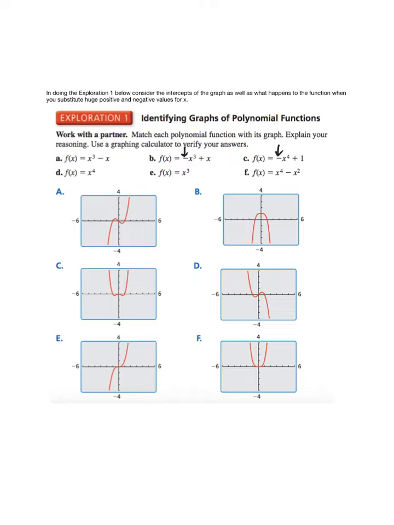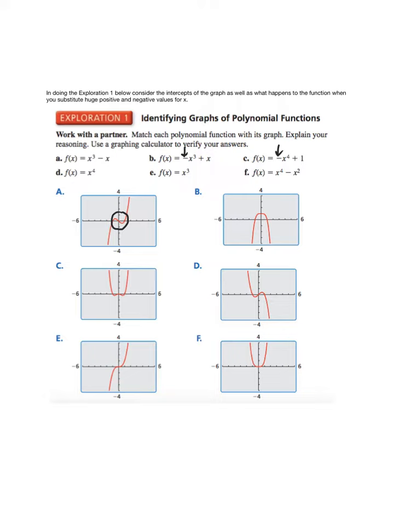These are things that we can use to try to get a sense for which graph is which. The other thing we're going to be talking about is an idea called end behavior. You'll notice that most of these graphs, like graph A, have some wiggling going on, and that's where a lot of the action is going on in the graph.